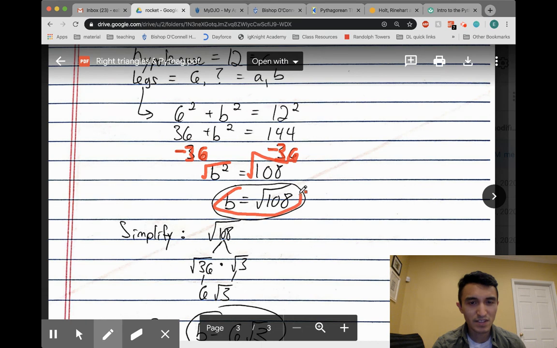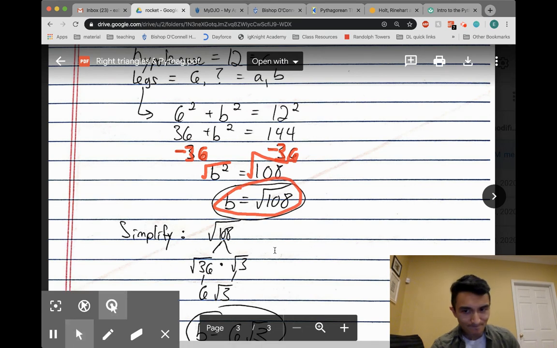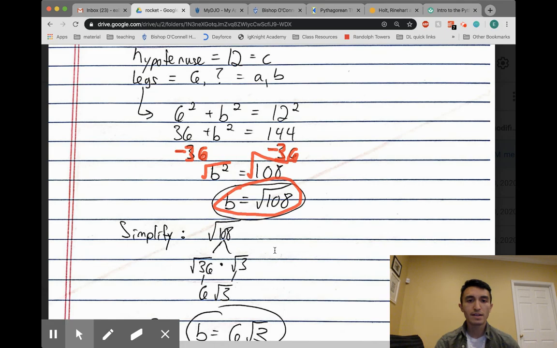And now this is where you want to brush up on your square root radical skills, where it looks right off the bat that it is not simplified as much as possible. You don't want to use your calculator, and I'll show you that at the bottom. I wrote that down. We don't want to use our calculator and get a decimal answer.